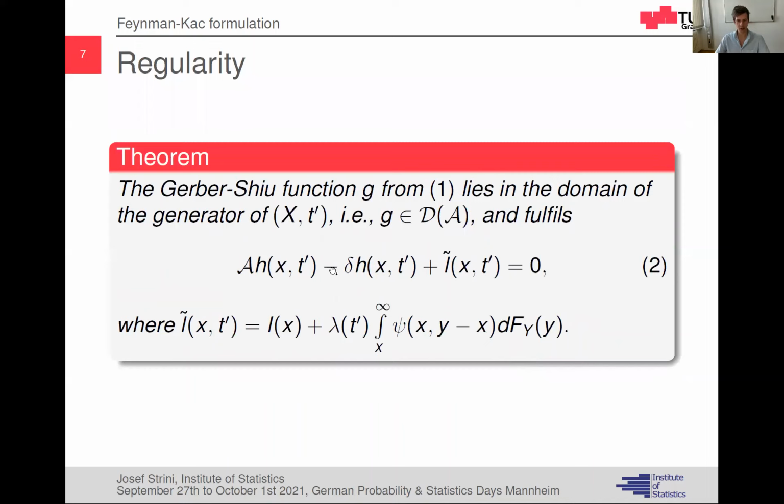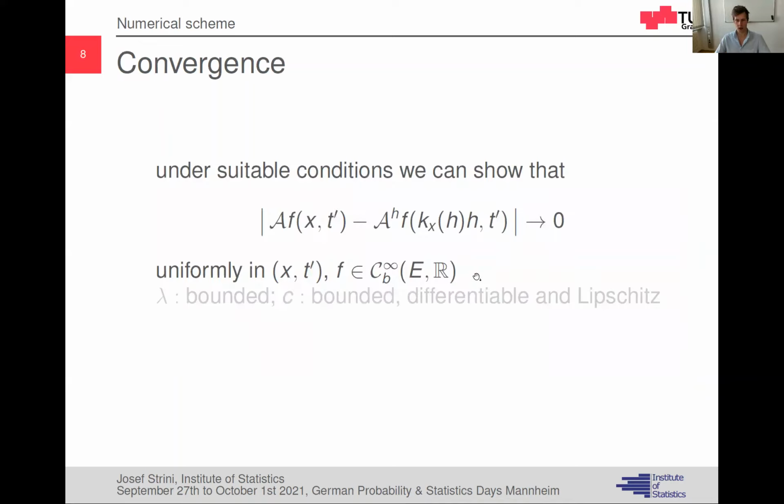On the other hand, of course, the Gerber-Shiu function g from above lies in the domain of the generator, and it fulfills this equation if L tilde has this special form. So we can really link our extended Gerber-Shiu function g to this generator equation, and now we have to solve the generator equation, of course, and we do this by an approximation procedure.